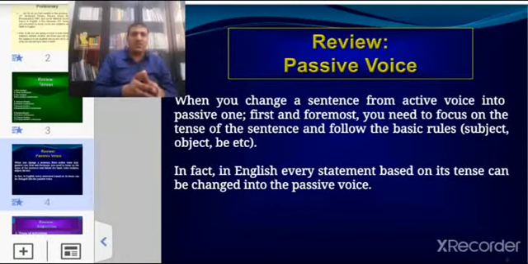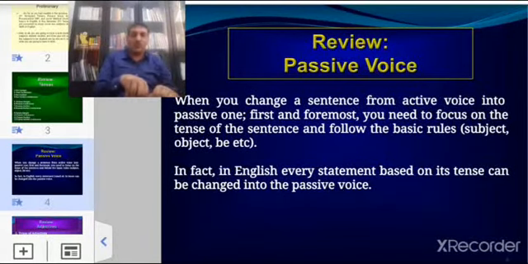Whether continuous, we can use is being, are being. Whether modal verbs, we can use be. Even if it is in the simple, for example, past simple or present simple, we have to use be.